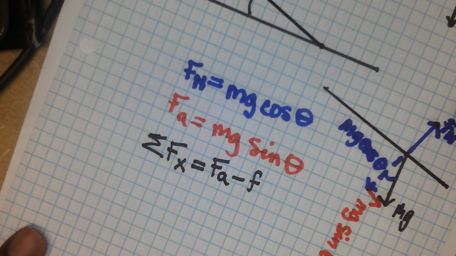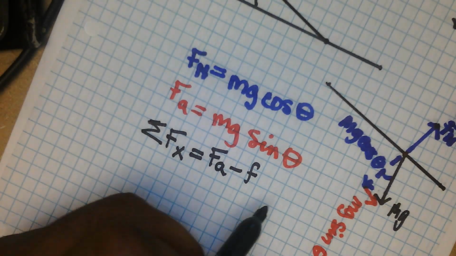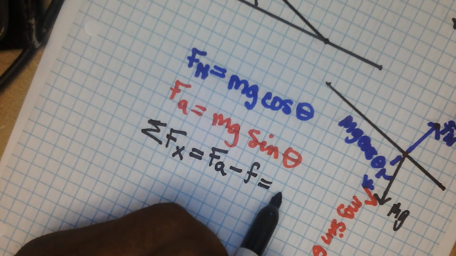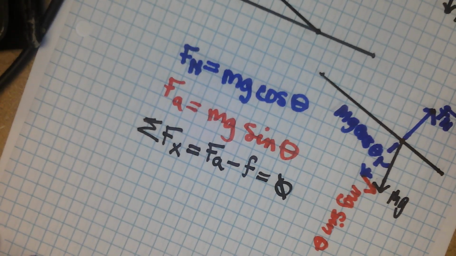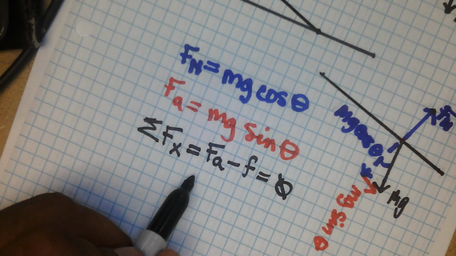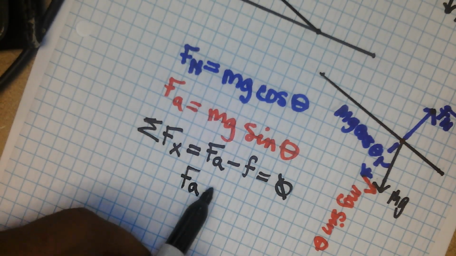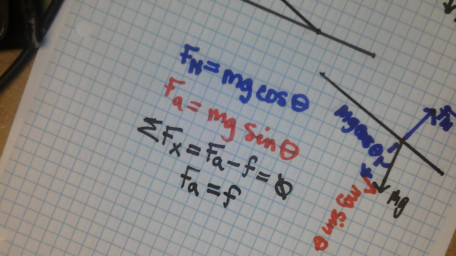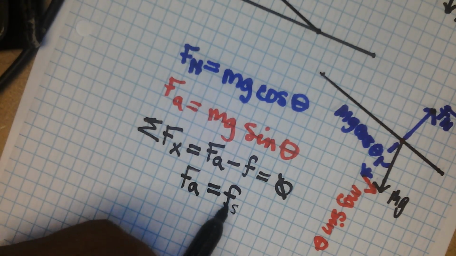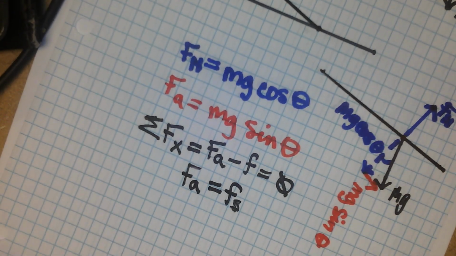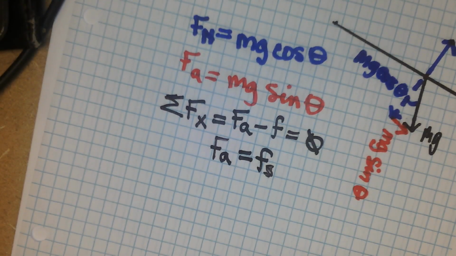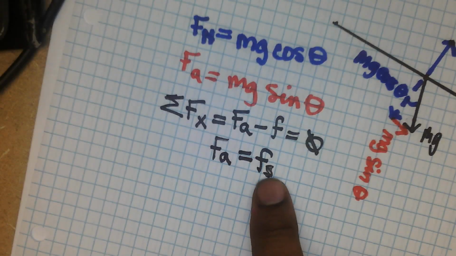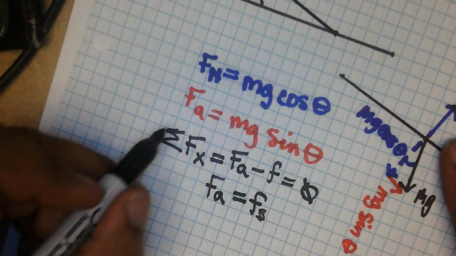And when they're moving at constant speed, or when they're not moving at all, the sum total of those forces is zero. So, if they're moving at constant speed, Fa must equal the friction, static friction, in fact. Okay? Now, if Fa equals the static friction, we'll put that right there.